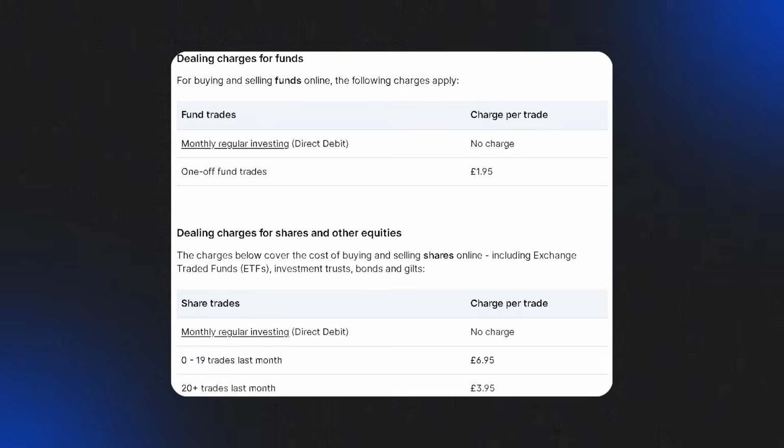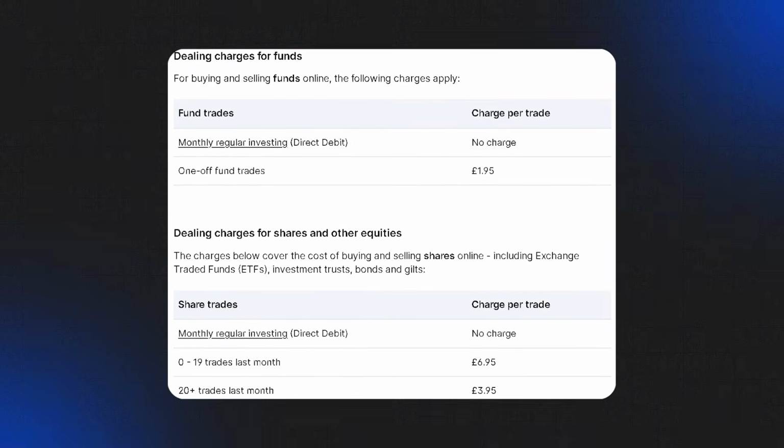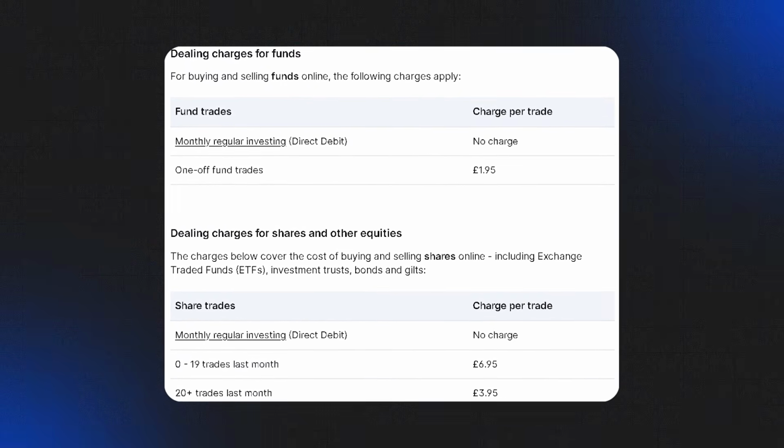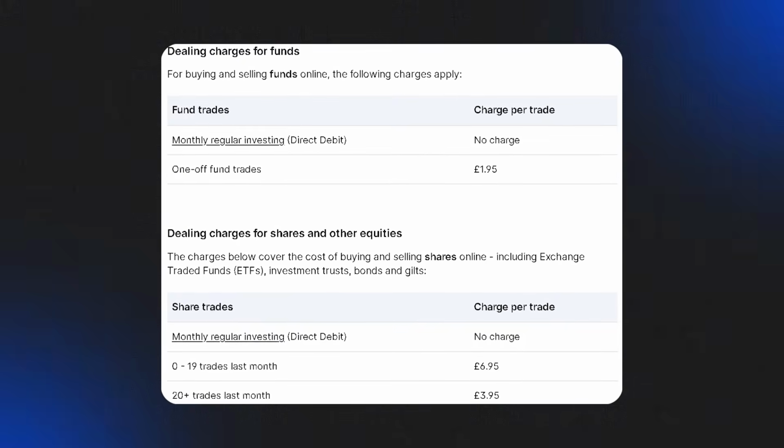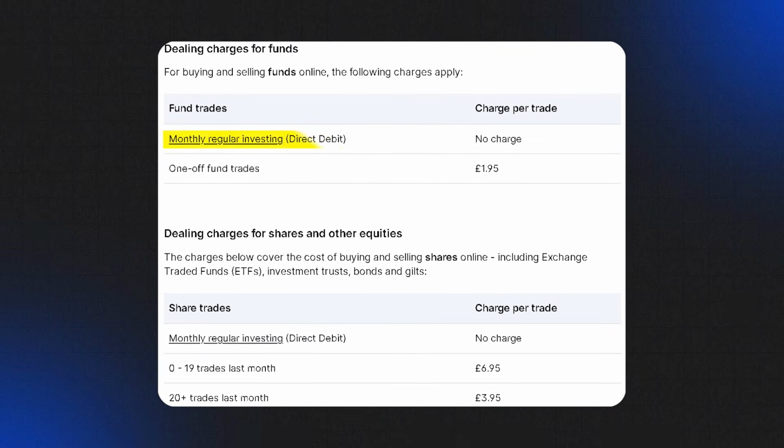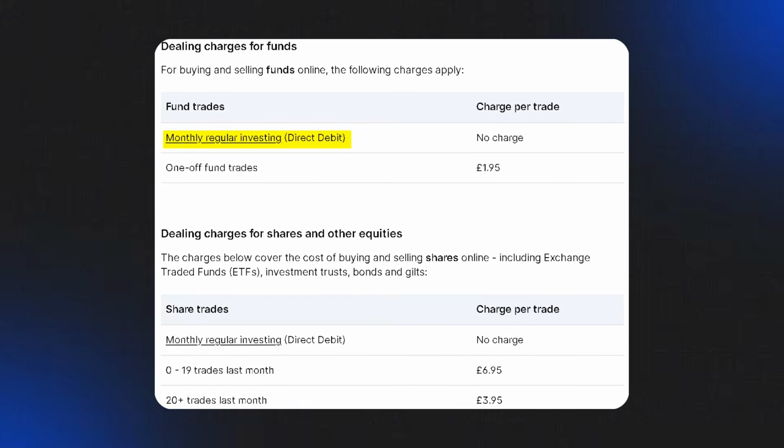Before you click off, let me quick fire go through a few more fees that you need to be aware of that you might incur when investing in index funds. Depending on what broker you're using, there might be trading fees. If you're using a legacy or full feature broker, you will likely pay some trading fees when buying or selling. For example, these are HL's dealing fees. Now, these fees are taken directly out of your own cash, although on some brokers you can get around these by setting up a regular monthly investment, which you can see is the case with HL.